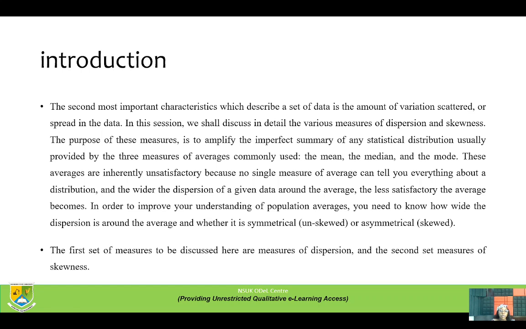In order to improve your understanding of population averages, you need to know how wide the dispersion is around the average and whether it is symmetrical, that is unskewed, or asymmetrical, which means skewed. The first set of measures to be discussed here are measures of dispersion, and the second set, measures of skewness.